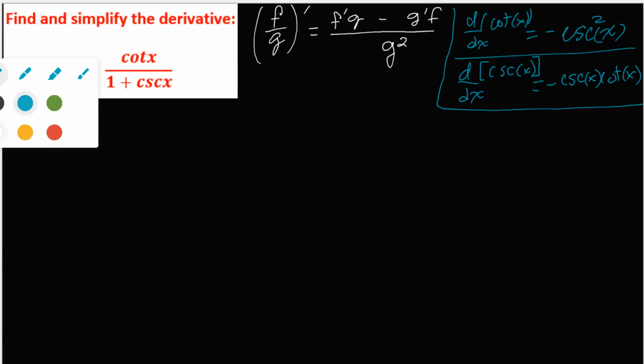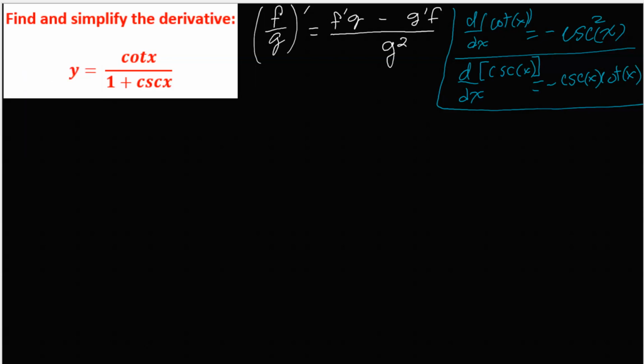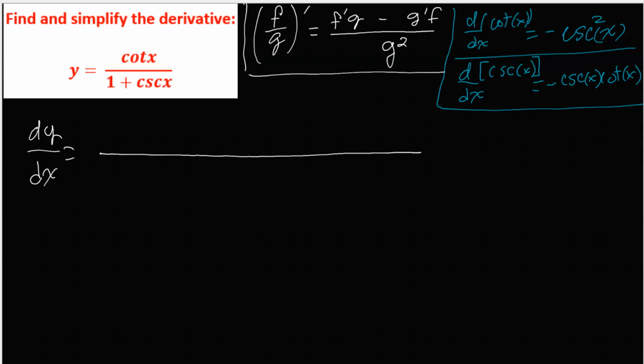And this is the rule that we need to apply, the quotient rule. So the derivative of y with respect to x, applying the quotient rule: on the denominator I will have (1 plus cosecant of x) squared.